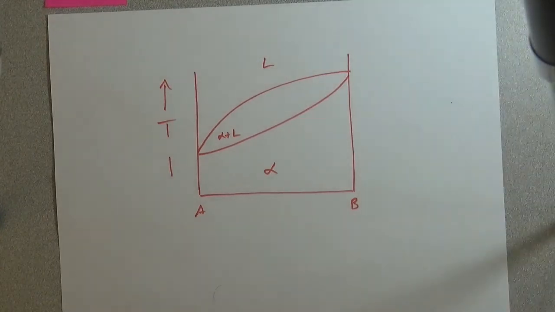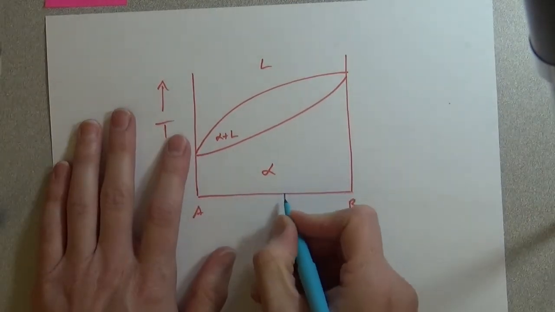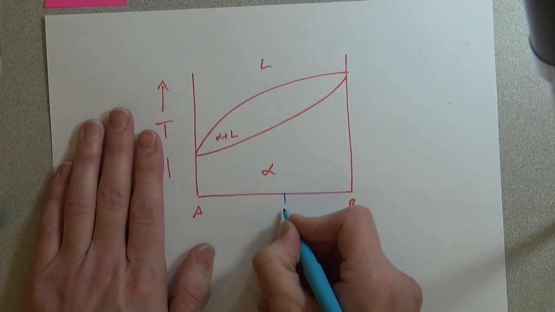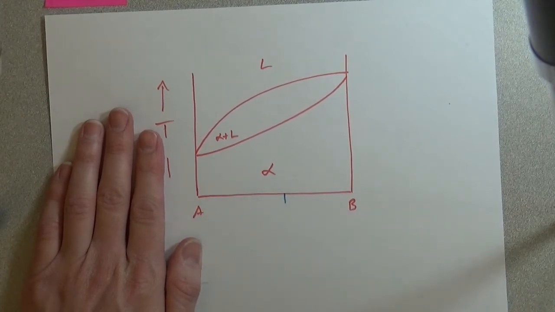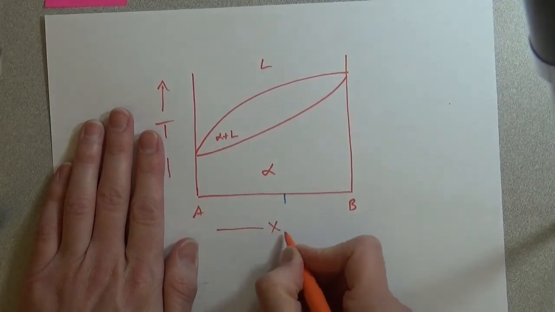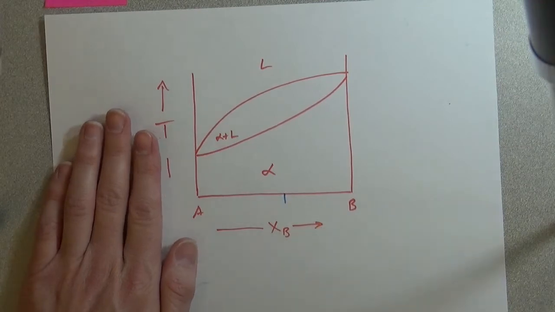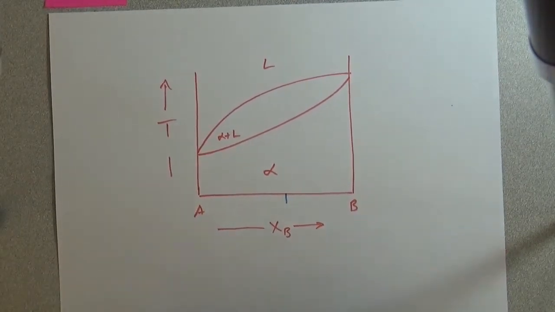So let's pick a particular composition, something in the middle here. This is again a function of mole fraction of B.